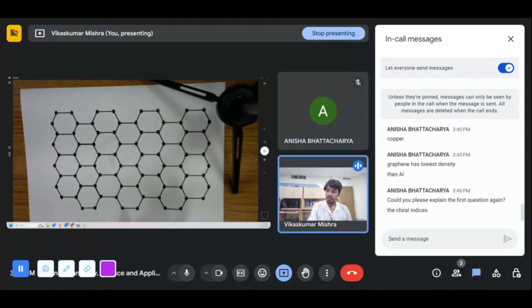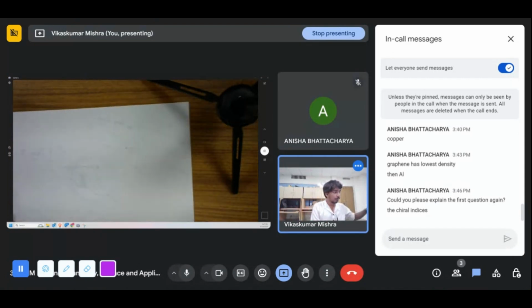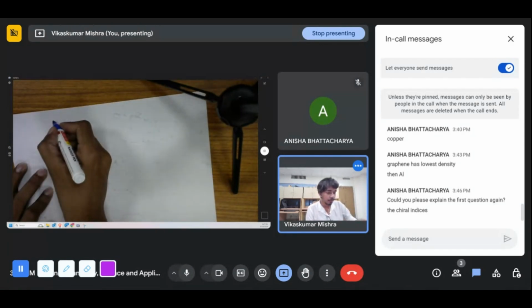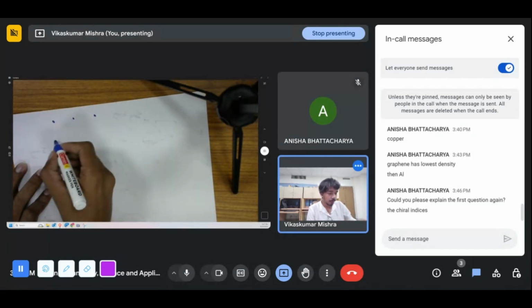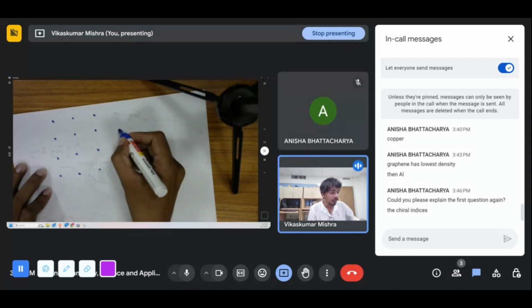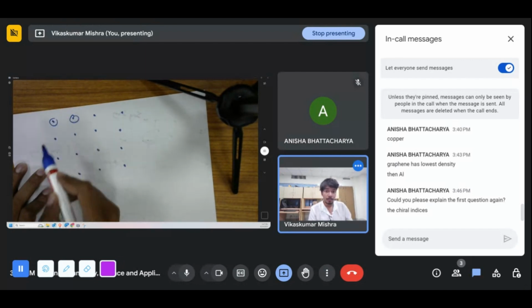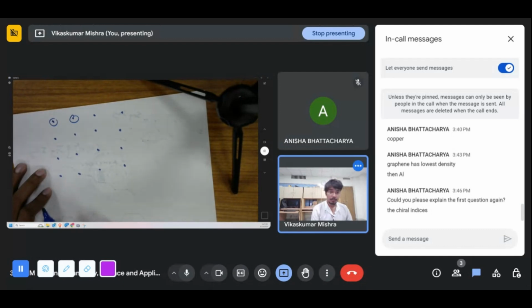For example, if I make a cubic structure, a unit cell, and mark the lattice points, all of these points are lattice points.